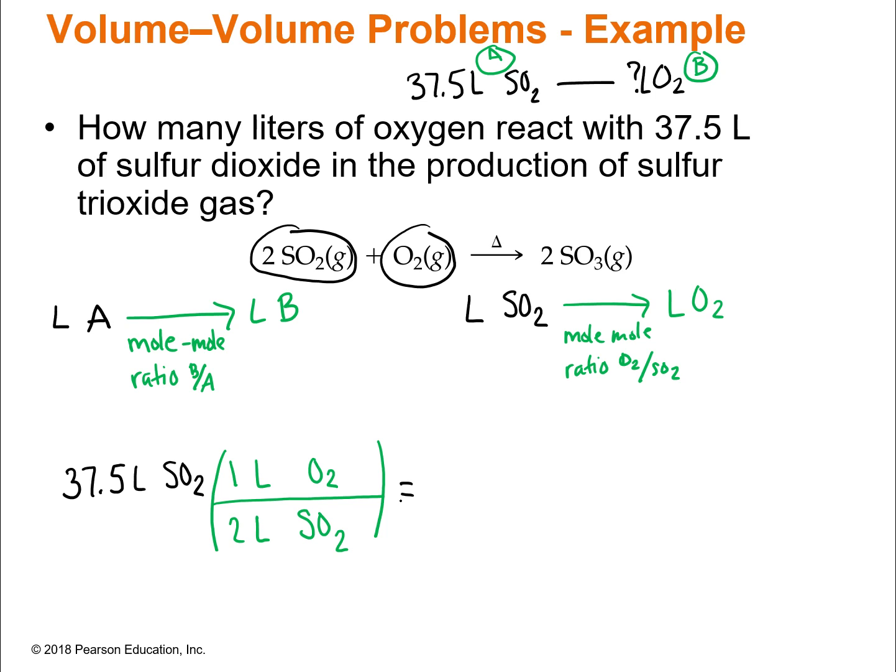We want 3 sig figs here because we've got 3 with our given information. So we're going to call it 18.8 liters of oxygen gas.